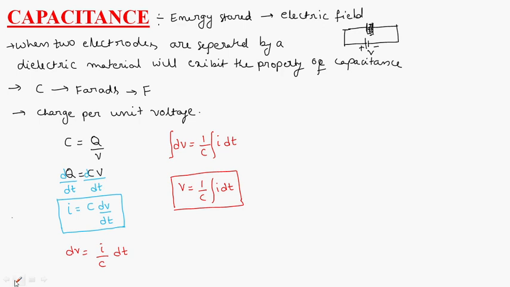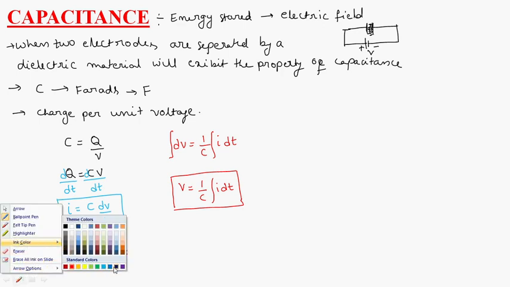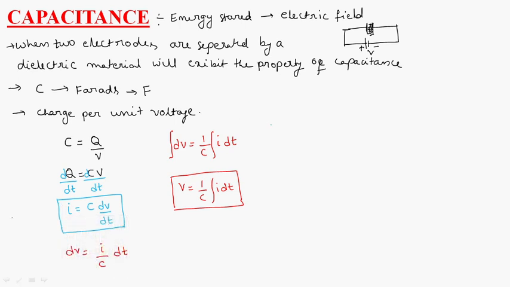Next, we have the formula for power. Power is equal to V into I. In the last lectures we have seen that power is equal to V into I. Now power is equal to V into C dV by dt.